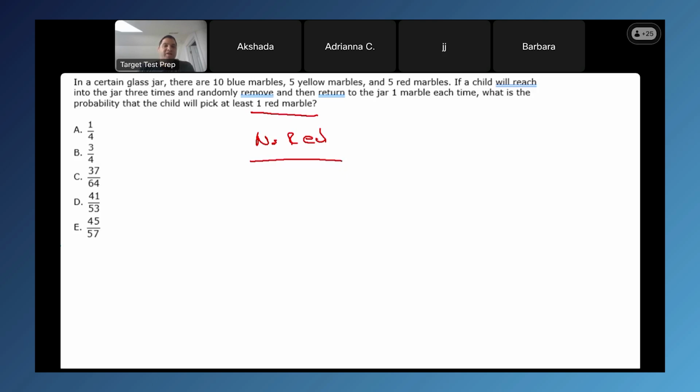So if we're talking about no red, it's 15 over 20, which is equal to 5 over 4, or excuse me, 3 over 4. No, sorry. 5 goes into 15 3 times. Yes, 3 over 4. You're doing that 3 times because you're getting no reds with 3 choices.